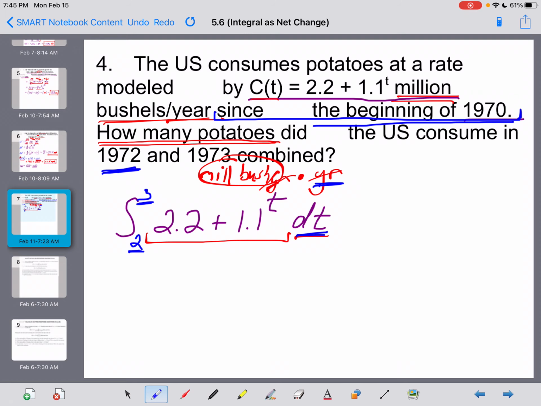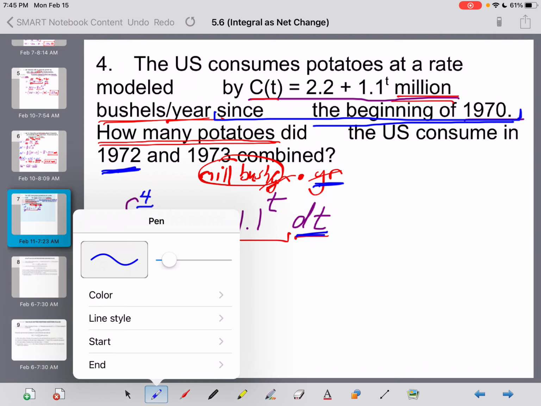We are actually going to the end of 1973. And in kind of the way that water both freezes and ice melts at 32 degrees, it's the same way either way: the end of 1973 is the same moment in time as the beginning of 1974, January 1st, 1974. And now if you notice, there's a gap of 2 between these two limits of integration. That means that we're measuring this consumption over a 2-year period, and that makes some sense.